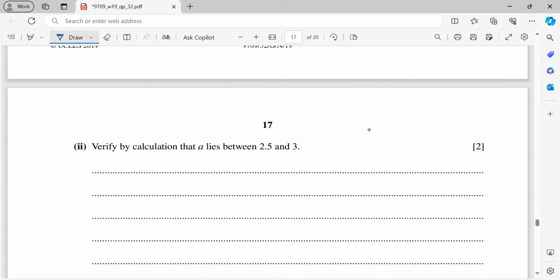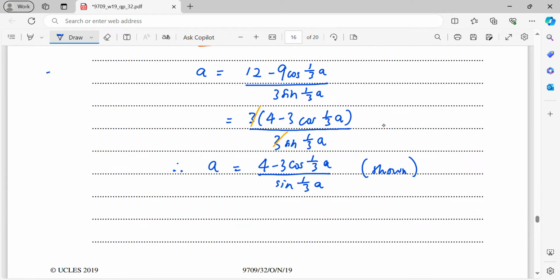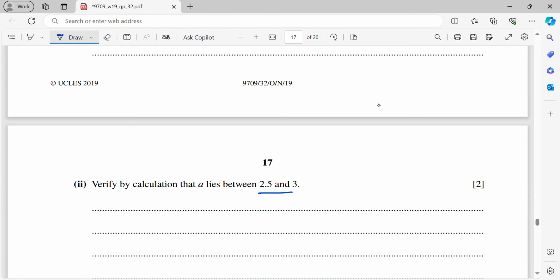Now verify by calculation that a lies between 2.5 and 3. So for this, I will just move this term to the other side and let it be f(a). So now a minus 4 minus 3 cos 1 over 3a over sine 1 over 3a equals to 0. So I let f(a) be the left hand side.